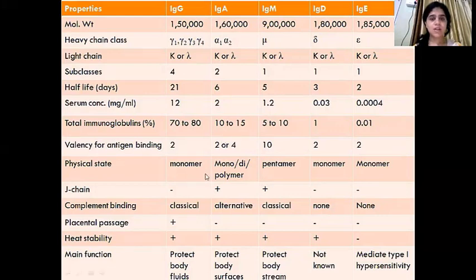Physical state: IgG is a monomer, IgA is a monomer and dimer, and another is a pentamer. J chain is present in A and M. Complement binding, so these are the different reactions. Placenta: only G can pass. Heat stability: everyone has it except E. The main function is to protect the body surfaces or body fluids.